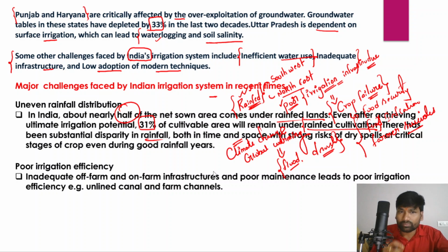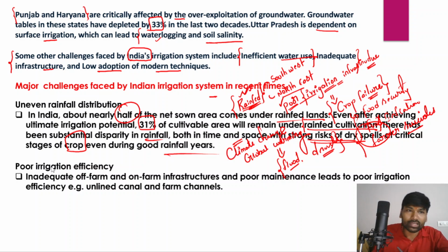Because of that, there is a risk of dry spells at critical stages of the crop, even during good rainfall years. All this is because of the increased reliance on rainfall, and also having a poor irrigation infrastructure.